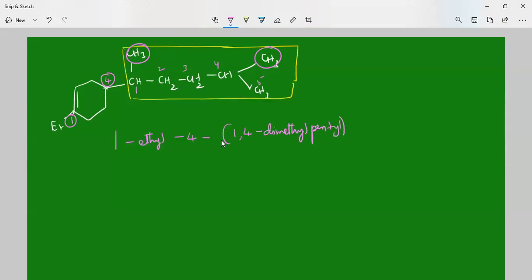Pentyl is the side chain name that is there on the fourth position of cyclohexane. And on the first carbon we have the ene, cyclohexene or cyclohex-1-ene. That is the correct name of that compound.